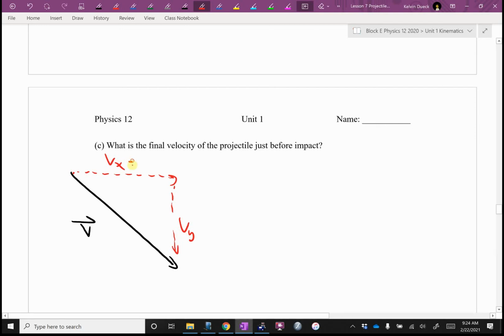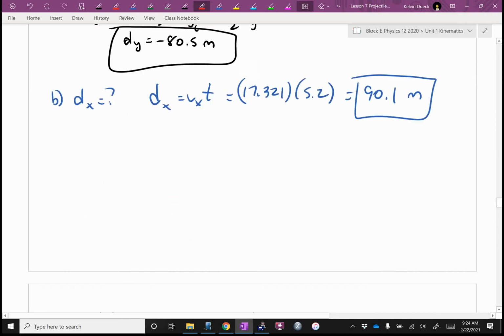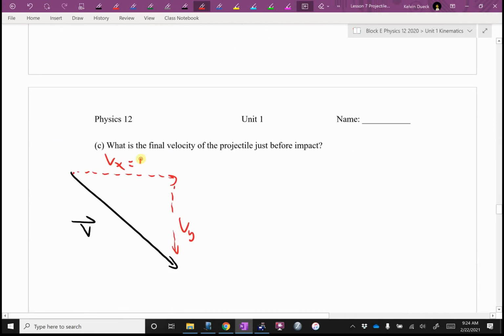What was Vx? 17.321? Yeah. Can I show you all a common mistake? Look up for a second. Don't write this down. This Vy is a Vy final, but often I'll see kids put the 10 there, the Vy initial. And then they do the Pythagoras.